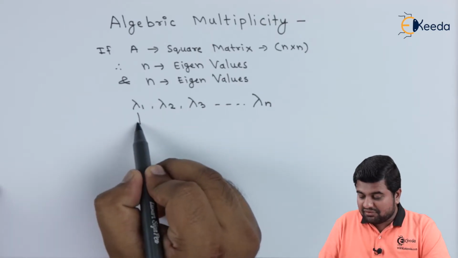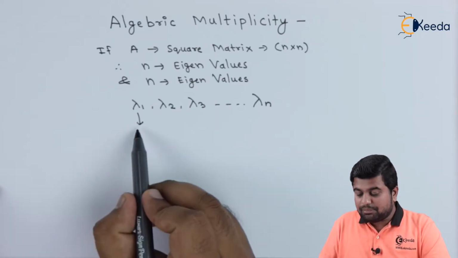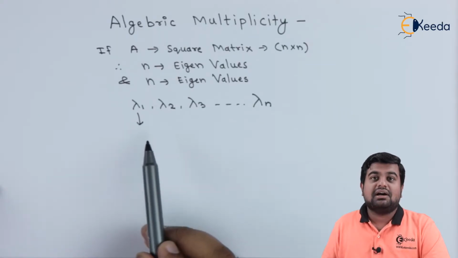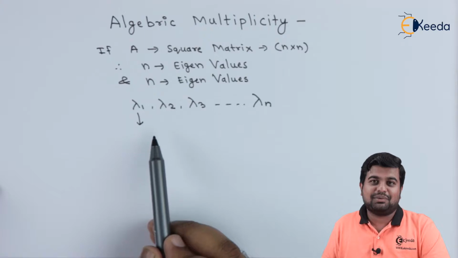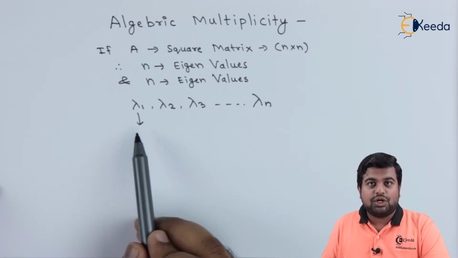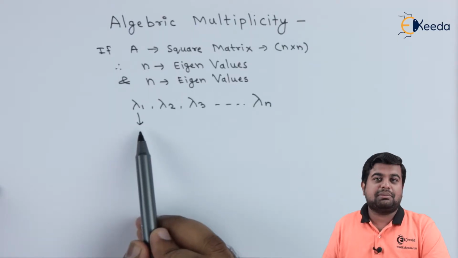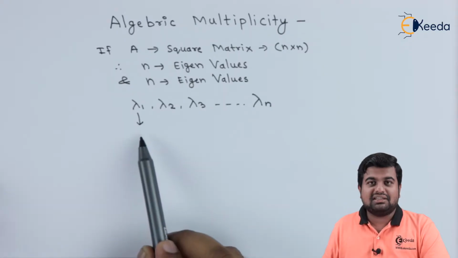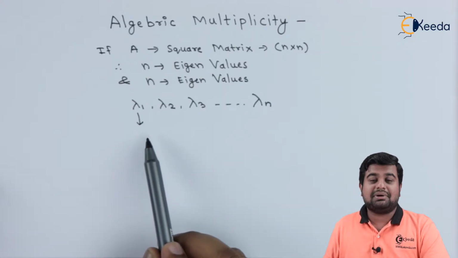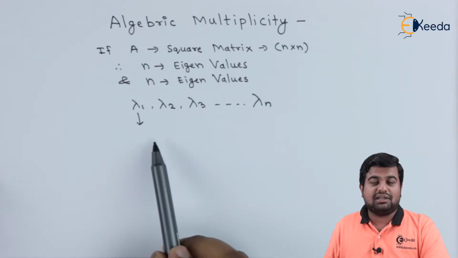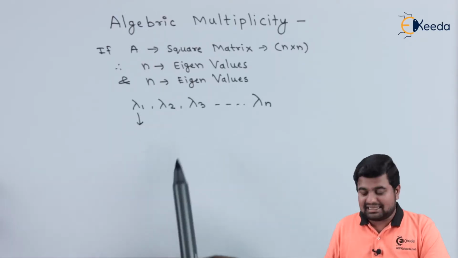If we consider lambda 1, the number of times any eigenvalue gets repeated is called the algebraic multiplicity of that particular eigenvalue. For example, if lambda 1 gets repeated twice, then the algebraic multiplicity is 2. If lambda 1 is equal to 4 and it is getting repeated thrice, that is 4, 4, 4, then the algebraic multiplicity of the eigenvalue lambda 1 equal to 4 is 3.